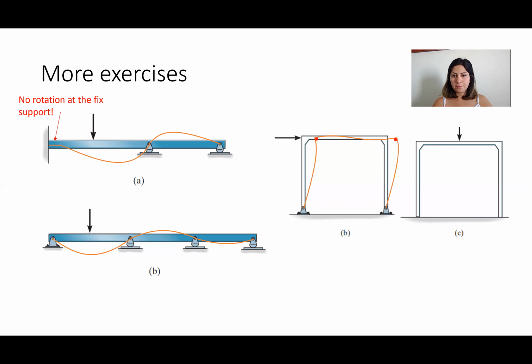For the frame, this is a pin, so we have a rotation at the pin because this joint is pushed forward, so it moves like this, and then you have to keep the angle at the right angle as it is, and then go up and down.